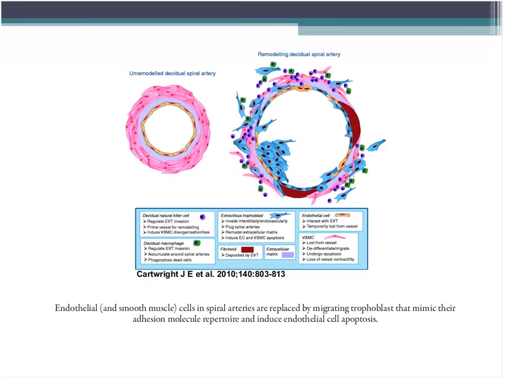And once they're there, they actually induce endothelial cell apoptosis and smooth muscle cell apoptosis in combination with other cells in the uterus. And this remodels these arteries from these nicely structured, tightly coiled things you can see over here to completely remodel the vessel architecture here, including laying down fibrinoid deposits. So this is a really essential process for pregnancy. And most of this is occurring in the first 10 to 12 weeks of pregnancy.